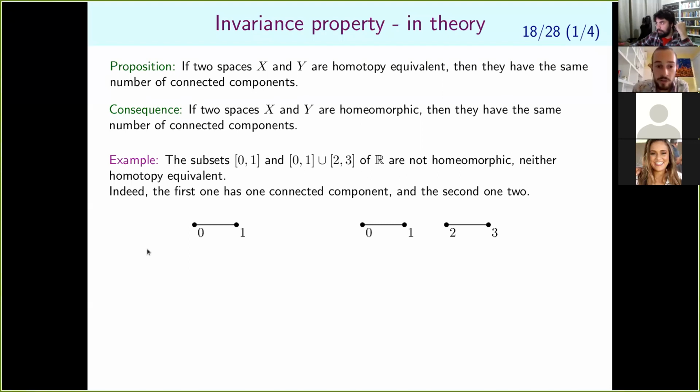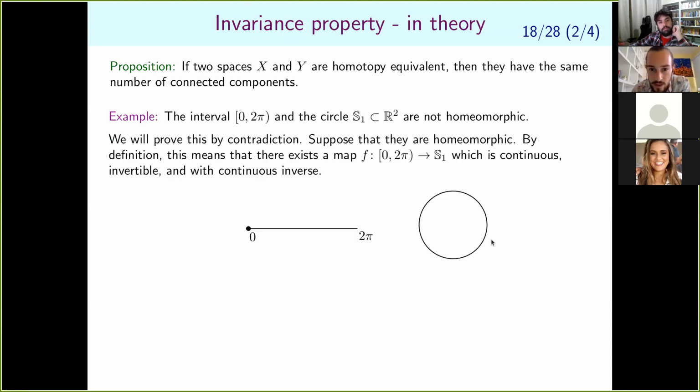We have 1 component here and 2 here. We can go a bit further. I can use this proposition to show you that the interval and the circle are not homeomorphic. We can show that they are not homotopy equivalent, but this will be a little more difficult.